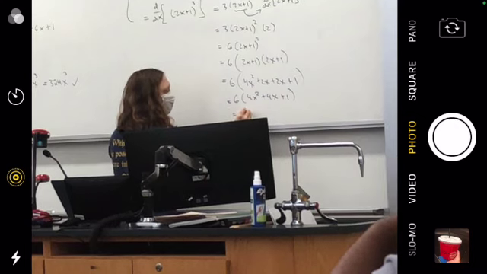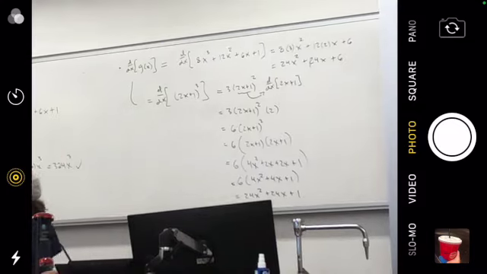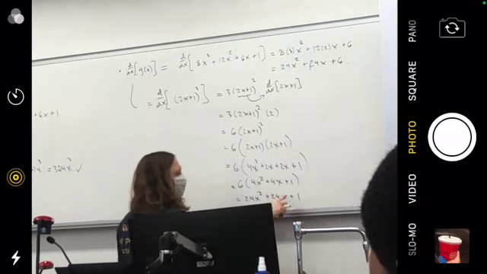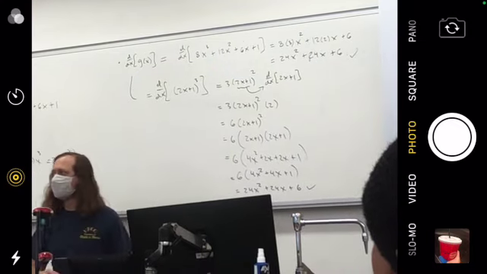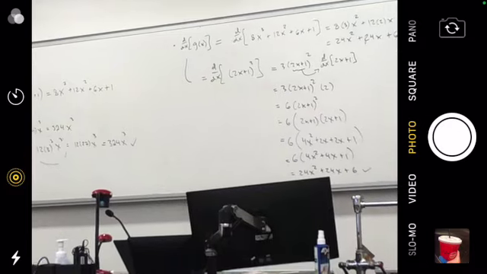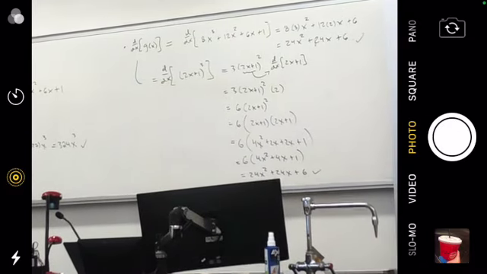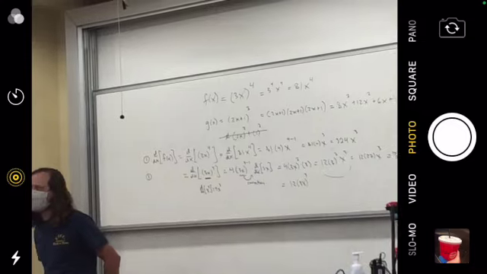So I do get 24x squared plus 24x plus 6. Alright, they do check. They had to check. Assuming I didn't make a mistake, they're always going to be the same thing. Why is that? The chain rule works. The second time I did it, I used the chain rule. I have to get the same answer. I can't get a different answer if these rules are valid.